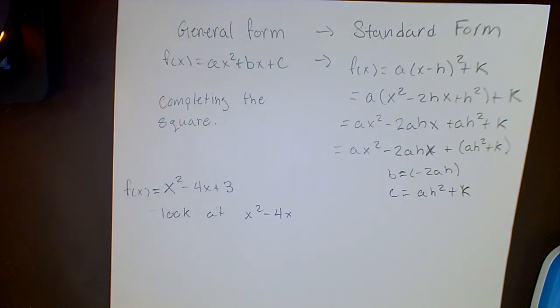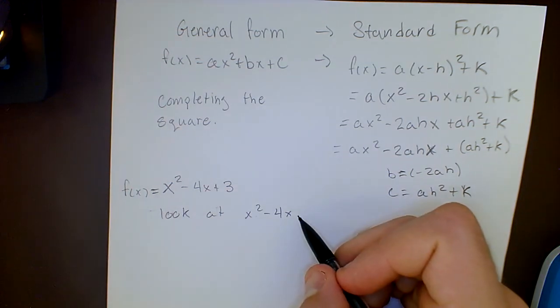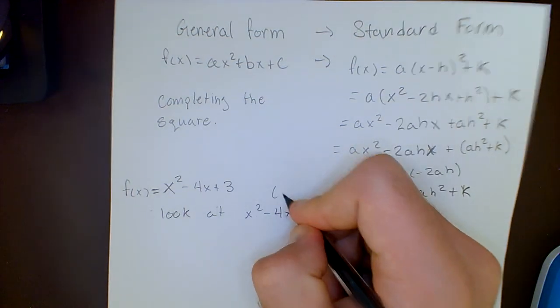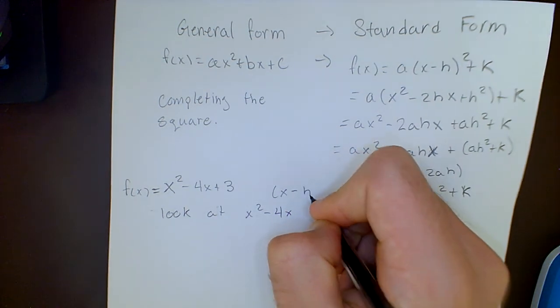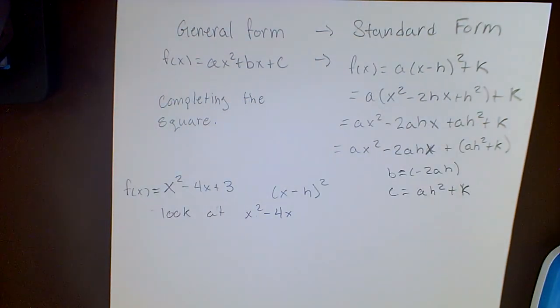And you ask yourself, what do I need to add here to make this a perfect square, or something that you can write as x minus some number, let's call it h, squared.